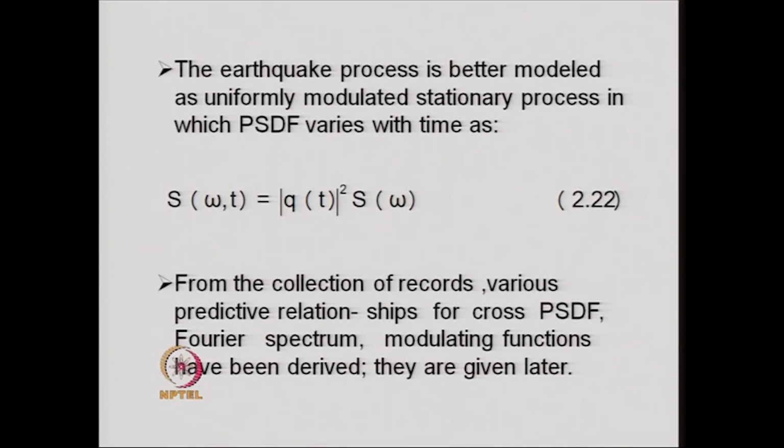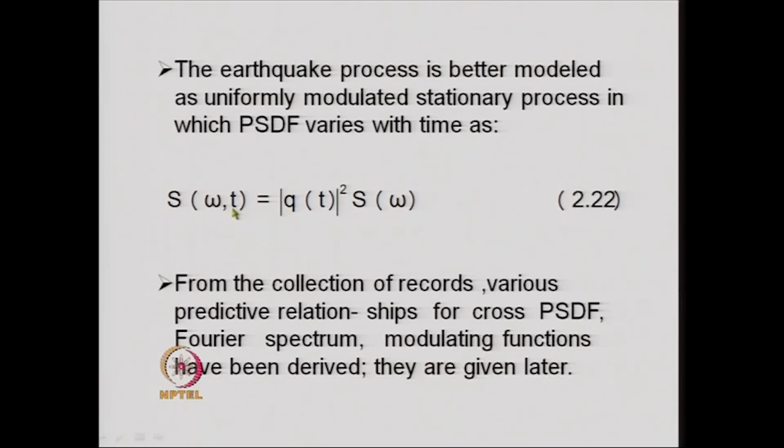In the case where we consider the earthquake as an evolutionary stationary process, equation 2.22 represents the evolutionary power spectral density function of the ground motion.